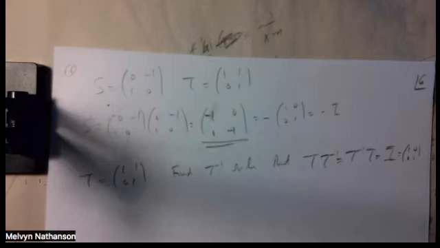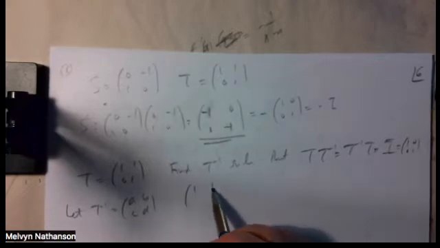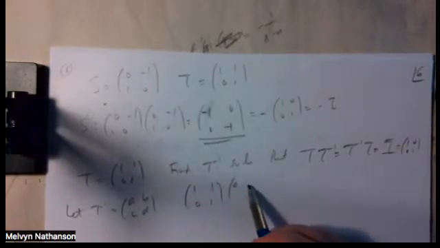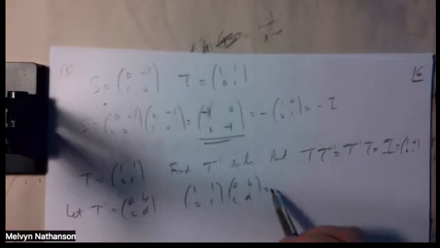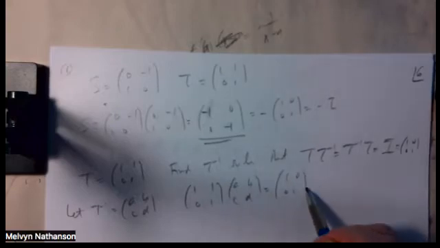There are easier ways to do this, but say you didn't know how. So suppose we let T inverse be some matrix A, B, C, D, and we want 1, 1, 0, 1 times A, B, C, D to be equal to 1, 0, 0, 1.